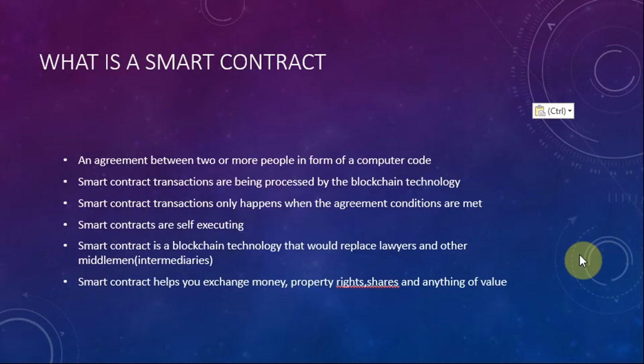So smart contracts are going to be very, very important in our everyday life as the world advances in blockchain. In the nearest future, hopefully we're going to see a lot of amazing applications that people will develop, and they are all going to leverage the power of smart contracts.